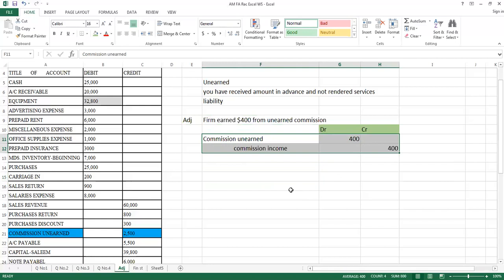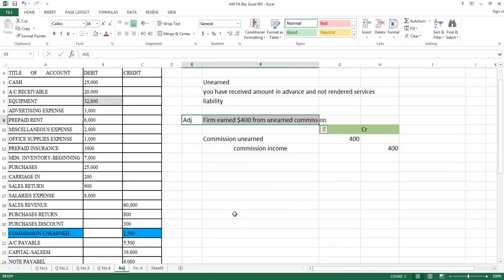So again check: if the adjustment is telling you that the firm earned this much, you go to the trial balance and see that commission unearned is already recorded by some amount which should be higher than this one. Then you have to reduce the unearned amount and claim that you have earned 400 from it. So the adjusting entry will be commission unearned debited and commission income credited by the amount which you earned.